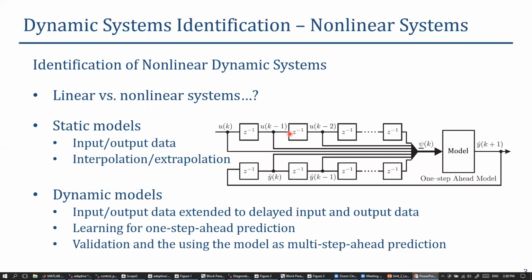What would we do if we didn't know what the order of the system is? System identification toolbox, or we would guess, or we would try, right? We would do first order, second order, third order, and then we will see which one would do the best, right?